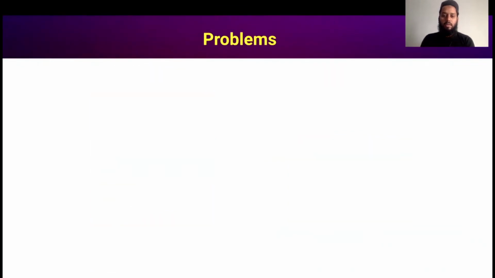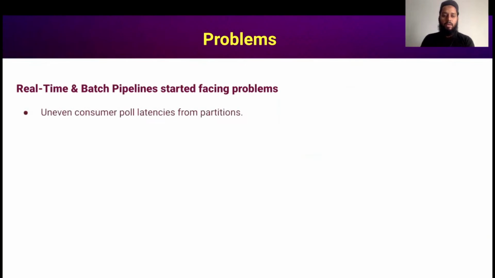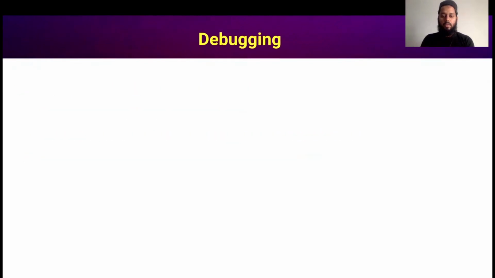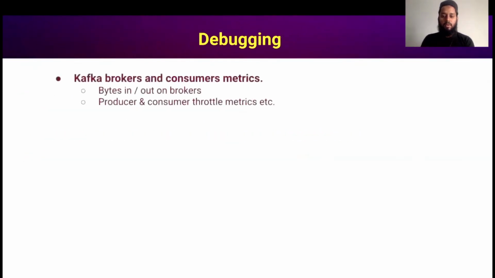The data ingested in the Kafka cluster is consumed by different pipelines, and those pipelines started facing consumer lag issues due to uneven consumer poll latencies from the partitions. Consumer throttle time increased significantly from a few milliseconds to minutes. Produce time also increased.